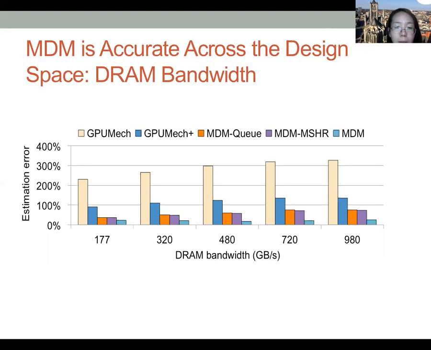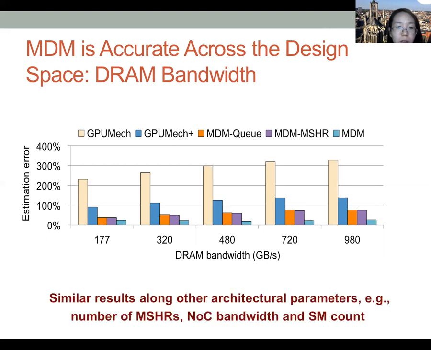MDM-Q and MDM-MSHR further improve accuracy through improved queuing and MSHR models. However, prediction error still increases with DRAM bandwidth. MDM counters this trend by synergistically modeling saturation and batching behavior. We also demonstrate that MDM provides high accuracy when we vary the number of MSHRs, NOC bandwidth, as well as SM count.